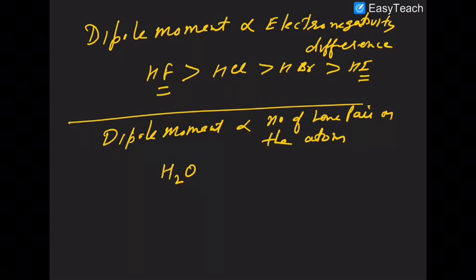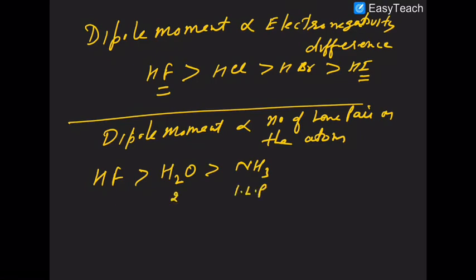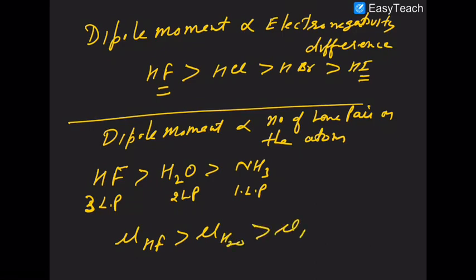If you take HF, water and ammonia, ammonia has one lone pair on nitrogen, water has two lone pairs on oxygen, and HF has three lone pairs on fluorine. So mu of HF is greater than mu of water, which is greater than mu of ammonia. Mu here means dipole moment.